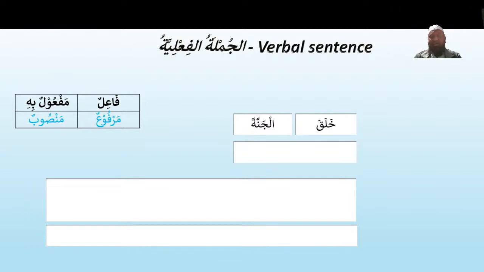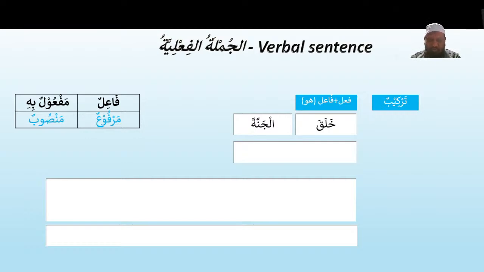So خلق الجنة. So over here the fa'il huwa is hidden. So let's do the tarkib. خلق, that's what we say, فعل plus فاعل. In the bracket we can write huwa. So خلق فعل وفاعل.